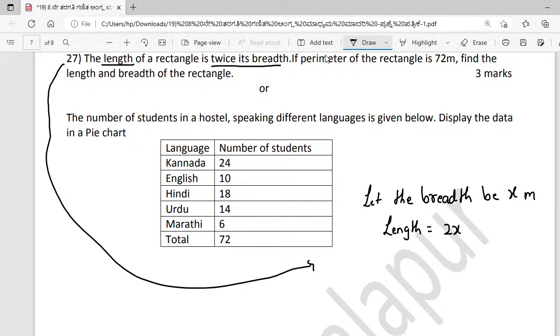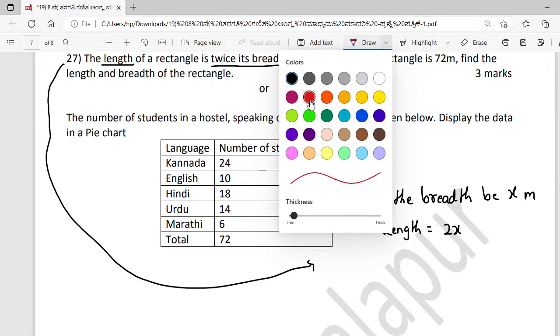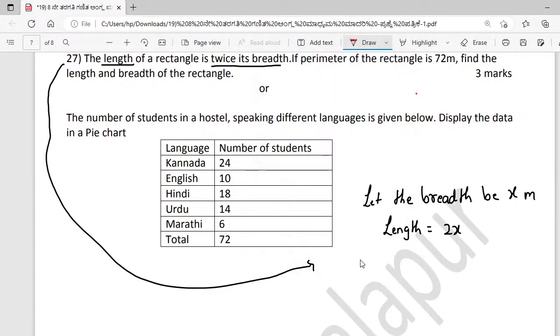Now let us write down the perimeter of rectangle formula, because they have given the perimeter of the rectangle. I hope everybody knows the perimeter of rectangle formula. First of all, I will write down the value mentioned in the question, that is 72 meter. This question carries 3 marks.